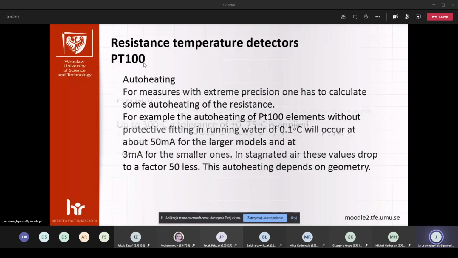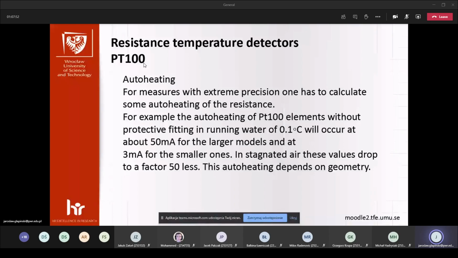So as I said, it is the PT100. It is a gold standard, so you can measure the temperature changes with extreme precision, because the changes of the resistivity we can measure at a very high precision.